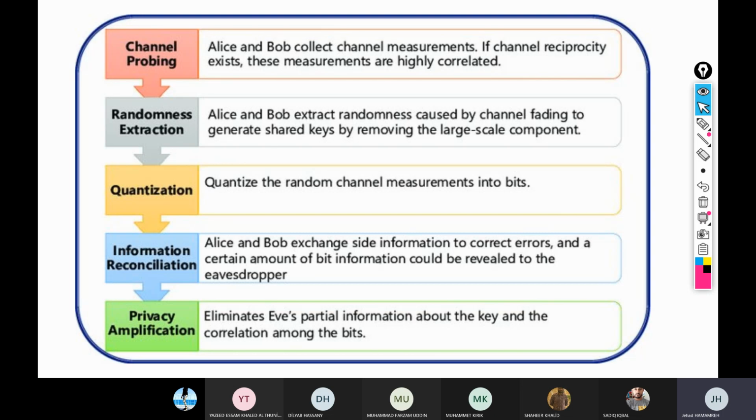So what's the solution? The solution is to reconcile this. Alice and Bob exchange side information to correct errors, and a certain amount of bit information could be revealed to the eavesdropper. So basically, Alice and Bob start communicating with each other publicly over a public channel and saying, could you please check this part?